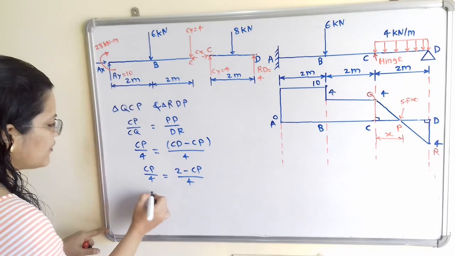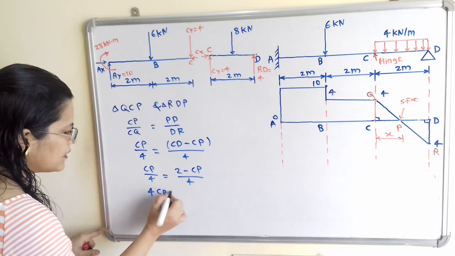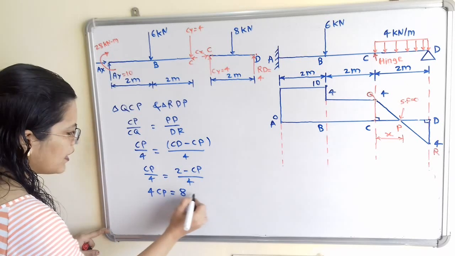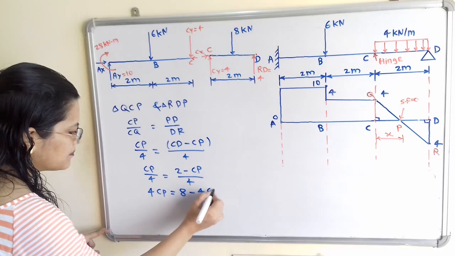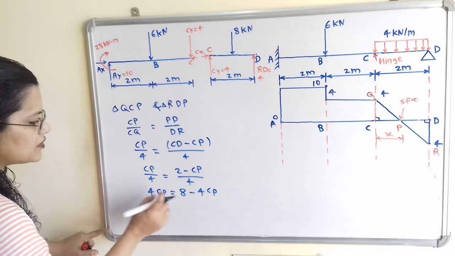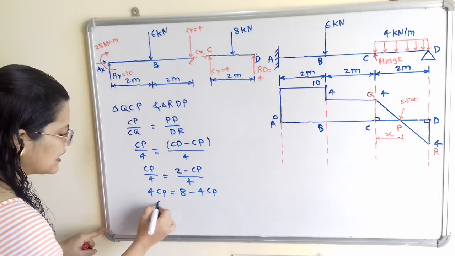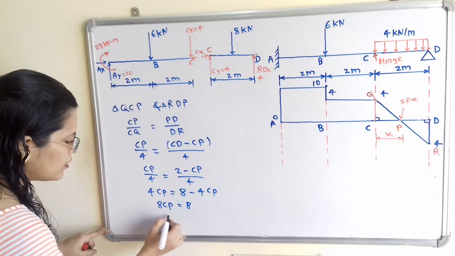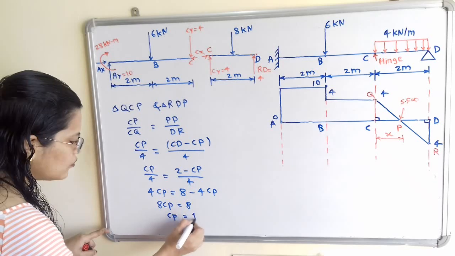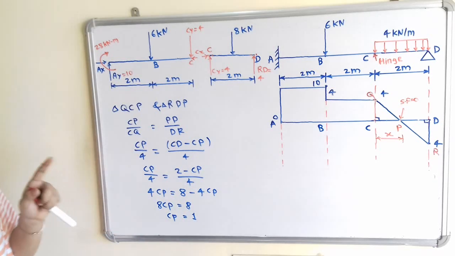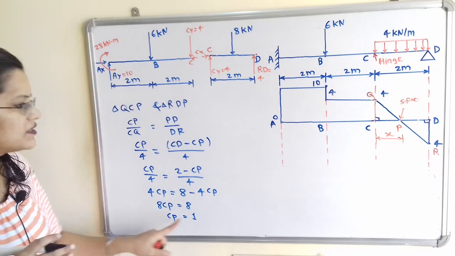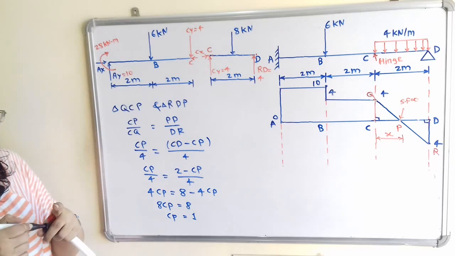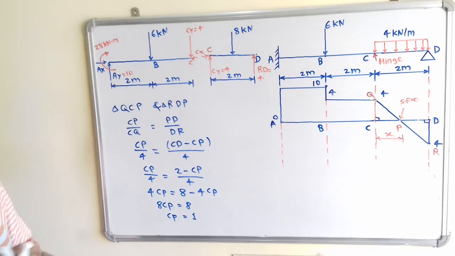Now we will simplify this. 4 CP is equal to 8 minus 4 CP. So I will transfer this 4 CP to the left hand side. So 8 CP is equal to 8. And therefore CP is equal to 1. So distance of the point P from C is equal to 1 meter. And we have to mention this distance.